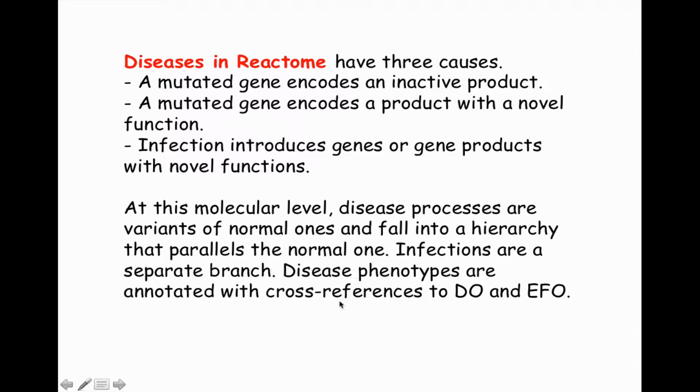Disease phenotypes, we annotate those using terms from the disease ontology and more recently the evidence factor ontology, something that's been developed at EBI as a generalization on disease ontology.